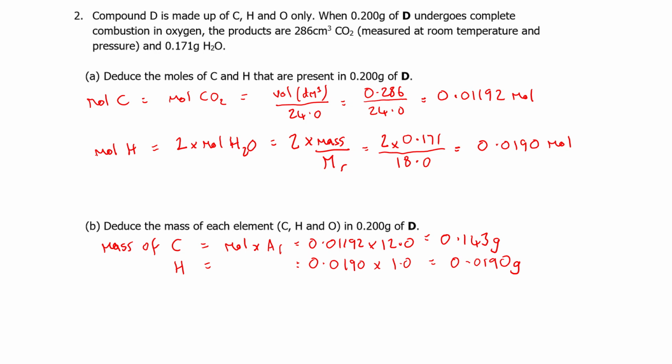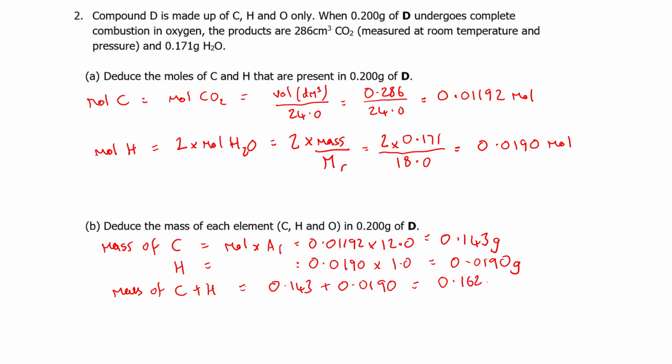So therefore the mass of carbon plus hydrogen is just equal to the sum of those two, 0.143 plus 0.0190, which comes to 0.162 grams.